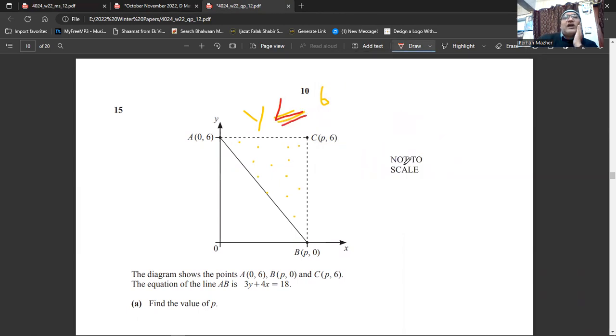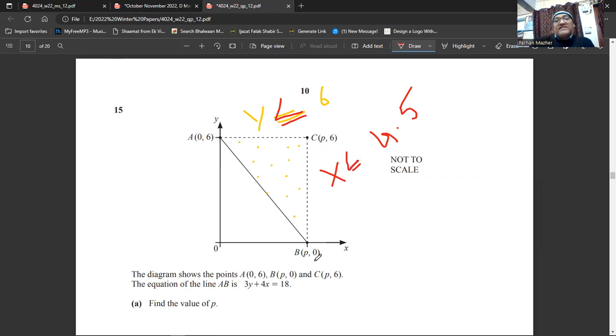Now this line is x equals p, which means x equals 4.5. Because it is a vertical line, the required shaded area is on the left side of this equation. So the crocodile's back must be towards the x.